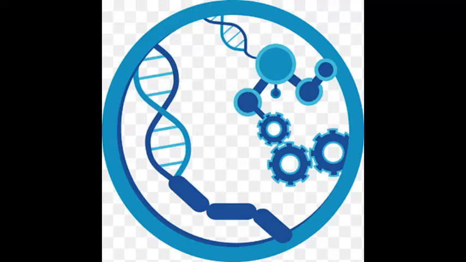2, we look at fungi. These are eukaryotic organisms with a rigid cell wall. They grow mainly as single-celled organisms, and they reproduce by budding. Thirdly, we have viruses.